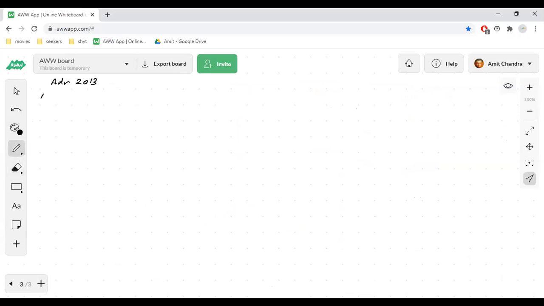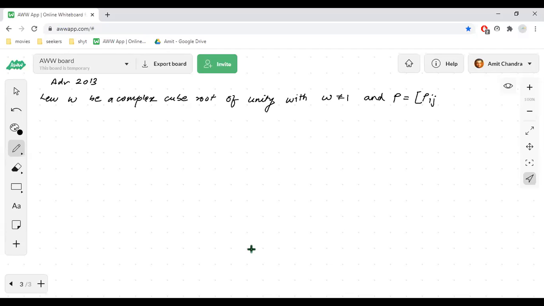The question is: let omega be a complex cube root of unity with omega not equal to 1, and P is an n cross n matrix with elements given as Pij equals omega to the power i plus j.